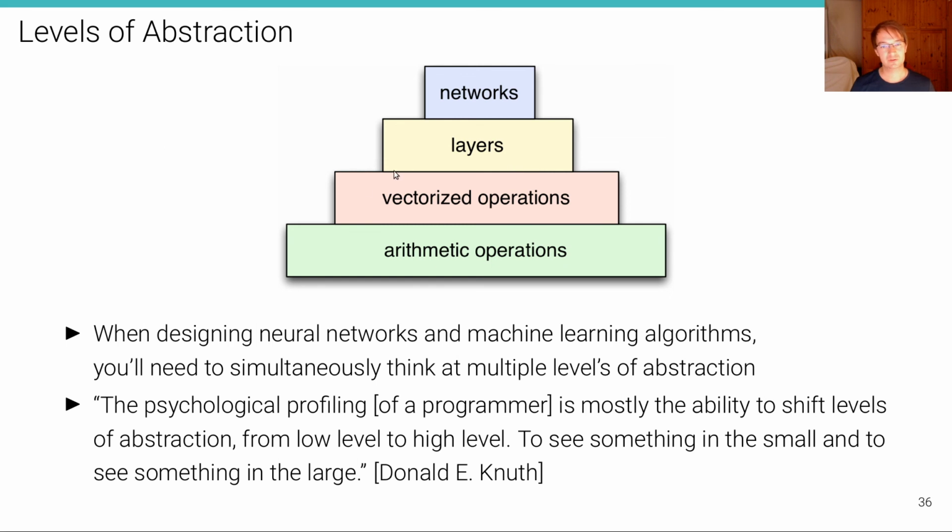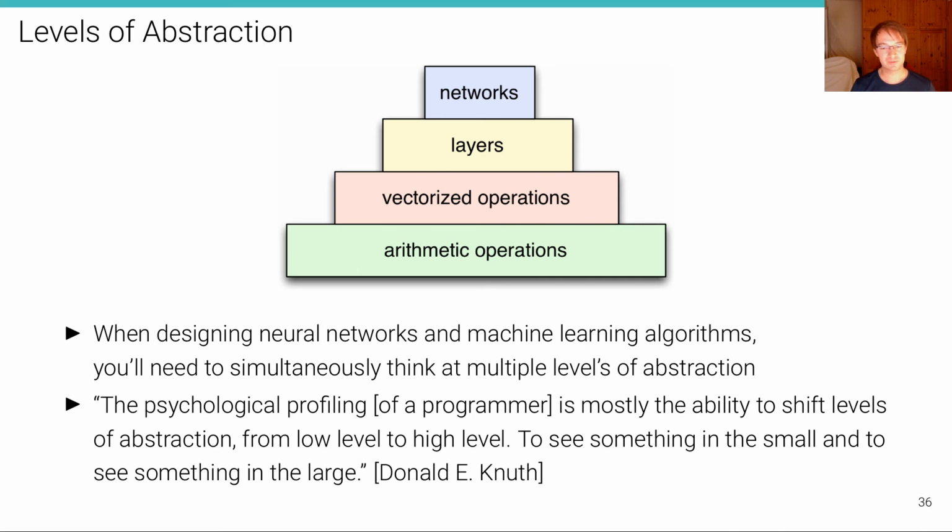We need to think about how to efficiently implement our operations using vectorized operations and about the arithmetic operations themselves. And it's really key to becoming a good engineer in machine learning, or in particular in deep learning, that you're able to simultaneously think about these multiple levels of abstraction. And it's not only key for deep learning, but in general as a researcher, it is key to be able to simultaneously think about multiple levels of abstraction in order to make new discoveries.